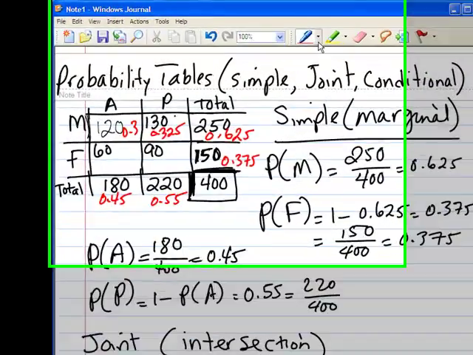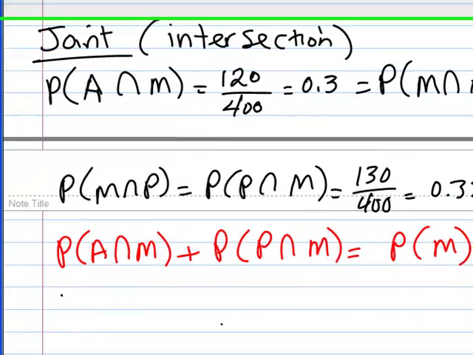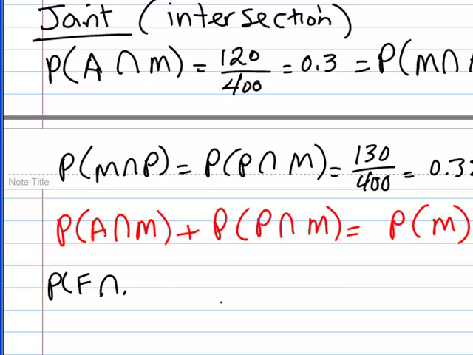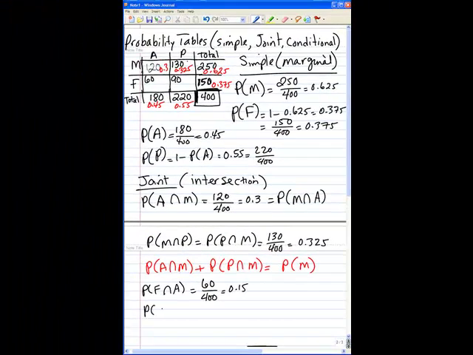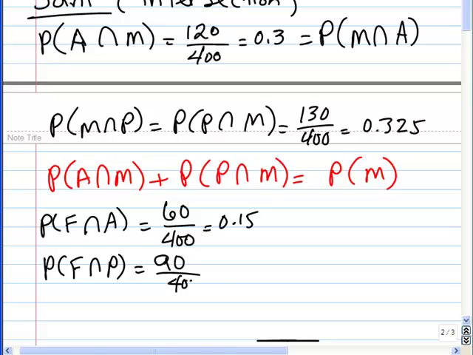So similarly, we can now compute the other two joint probabilities, probability of F and A, which equals 60 over 400, which is 0.15, and probability of F and P, we can either compute it by saying that is 90 over 400, which is 0.225.